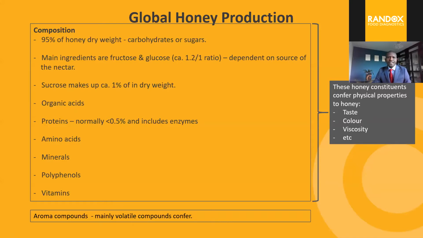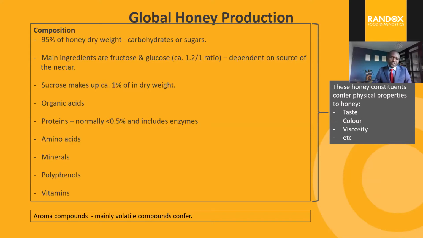The ingredients like fructose and glucose have a specific range or ratio, but it also depends on the source of the nectar, the geographical origin, and the species. And sucrose makes only about 1% of the dry weight of honey.